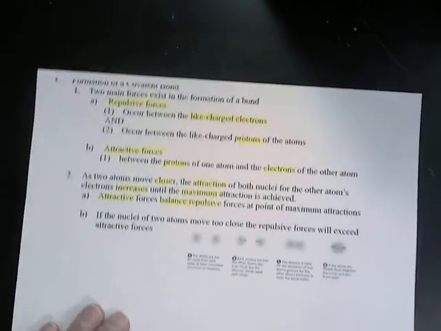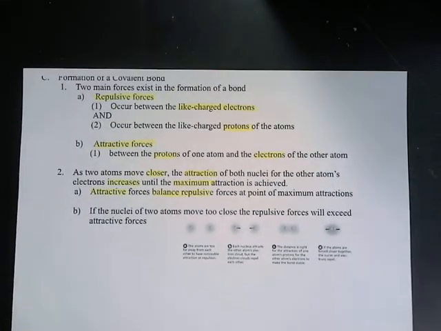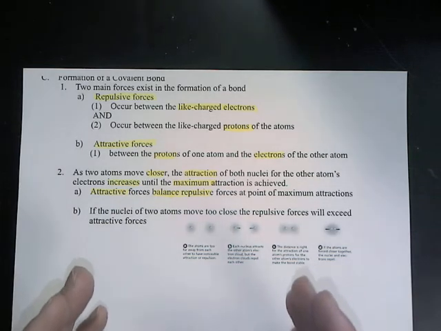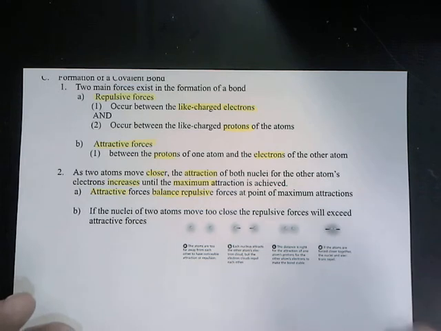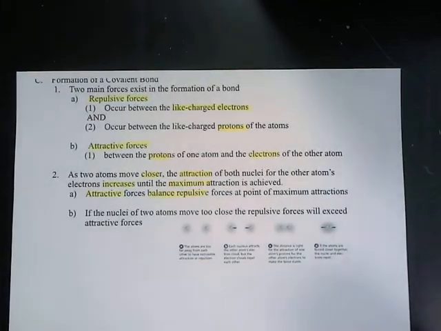Now, what we have to consider when we share these electrons is repulsive and attractive forces. Remember, around the outside of an atom are those electrons. As the atoms come closer and closer together, their electron clouds get closer. If they get too close, then they repel, right?